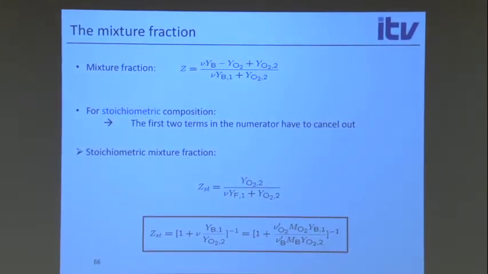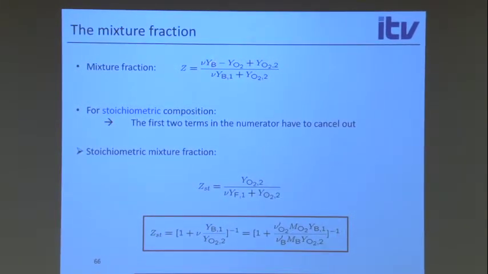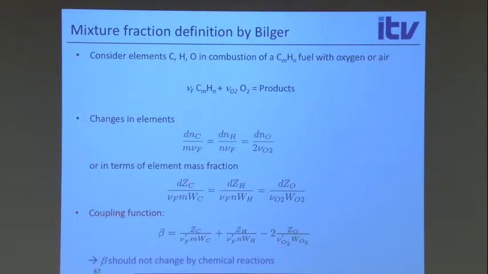But this now assumes a one-step global reaction because it just considers oxygen and fuel, no intermediate species. There's a different definition of this. Here's the one by Bilger, and this is based on the elements, the element mass fractions. So if I have a global reaction like this, then from the coupling function of the species that we looked at earlier, I can define a coupling function of elements.